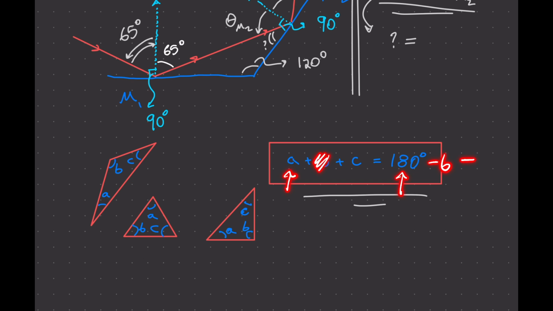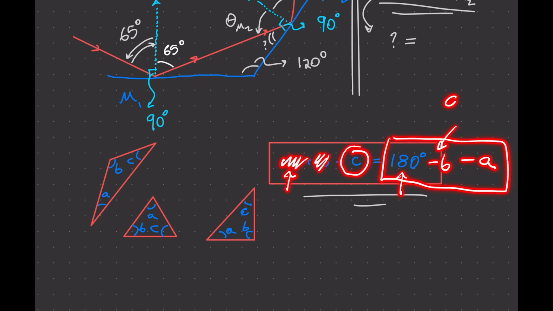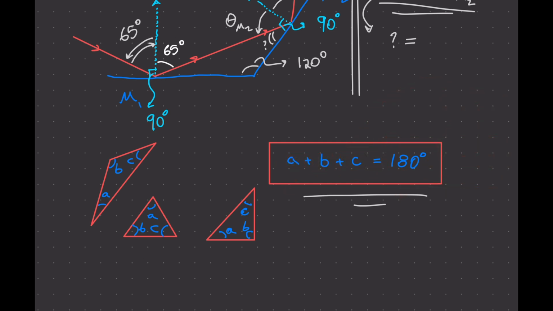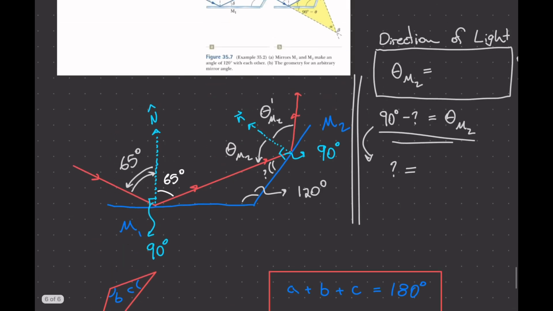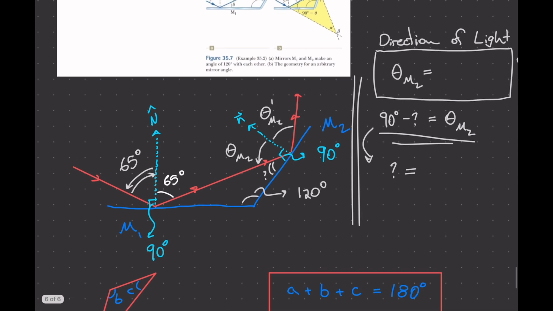If you know A, you could subtract A on this side, which cancels it, and you have an equation for the remaining angle C. 180 minus whatever B is, let's say it's 90, minus whatever A is, let's say it's 20 degrees, and you'll get an answer for C, and that is always true. Maybe not in all scenarios, but in pretty much all scenarios that you work with on a piece of paper, on a flat surface. So, knowing that piece of info, let's take a look at our setup over here.